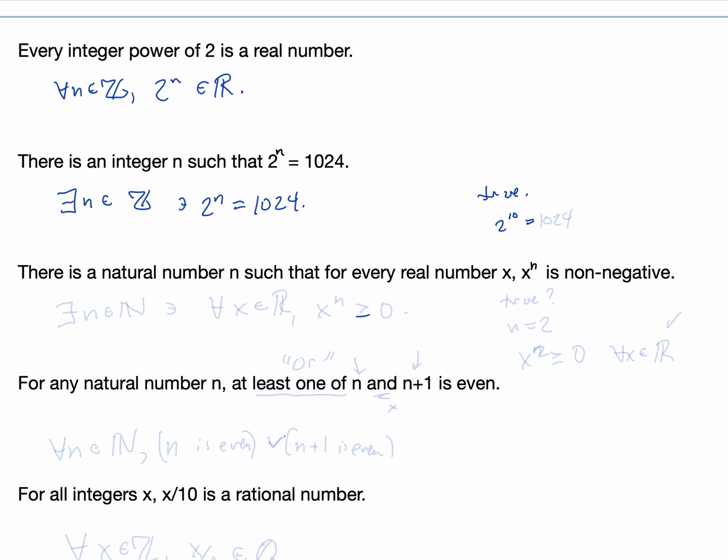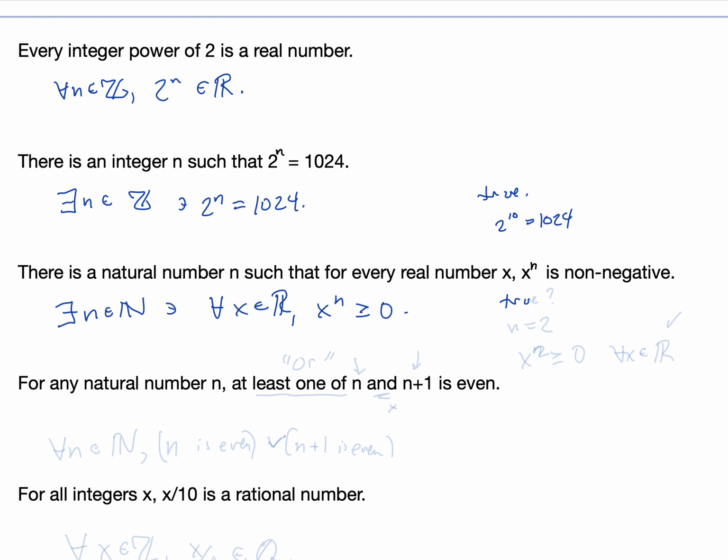2 to the 10 is 1024. Next, there is a natural number n such that for every real number x, x to the n is non-negative. There exists an n in the natural numbers such that for any x in the real numbers, x to the n is greater than or equal to 0.